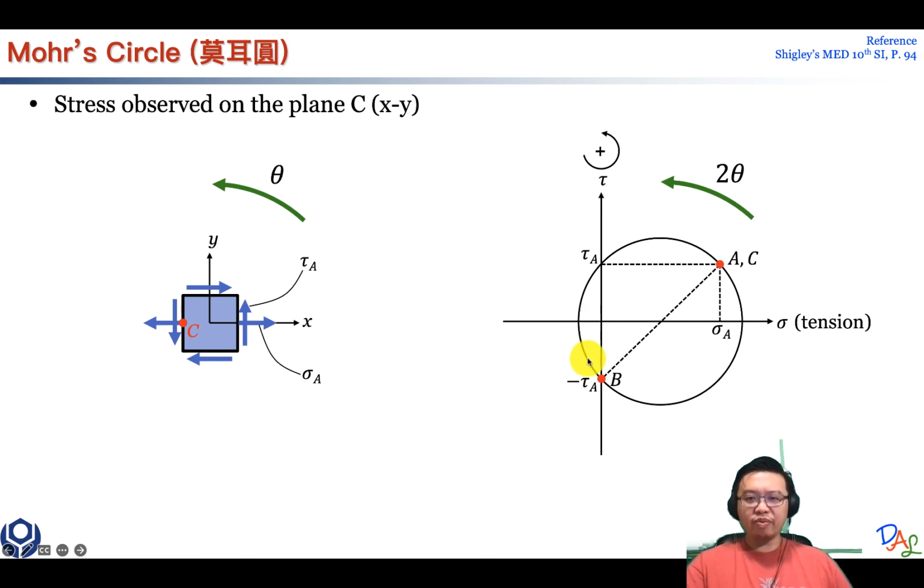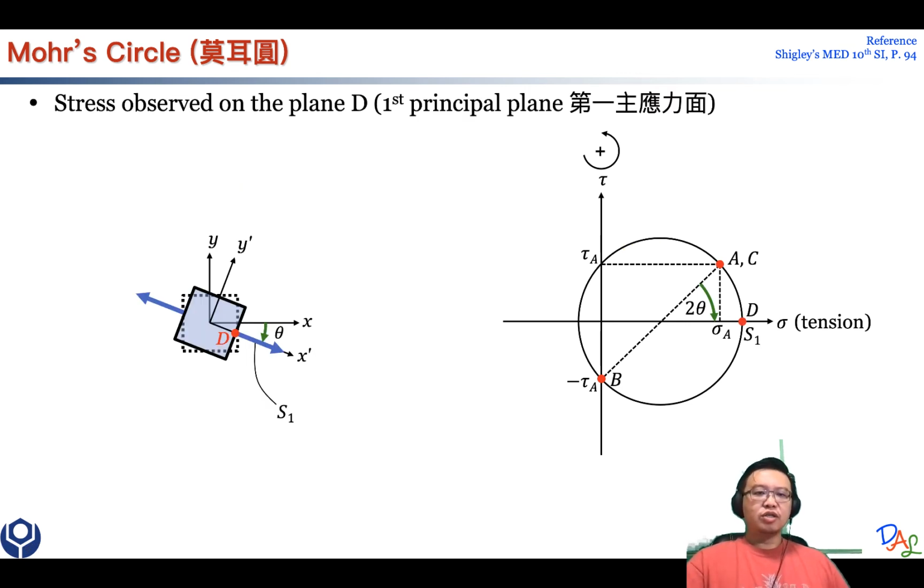Every point right here represents some position inside the material which has a certain angle with respect to your coordinate system, and it tells you how much normal stress and shearing stress it has.